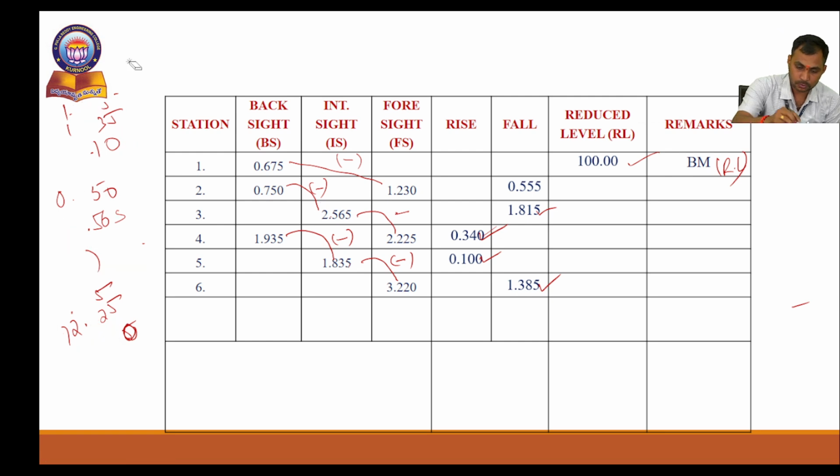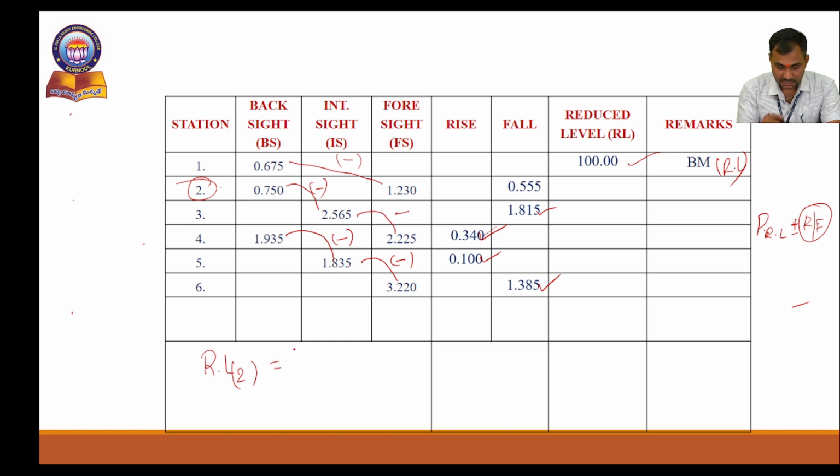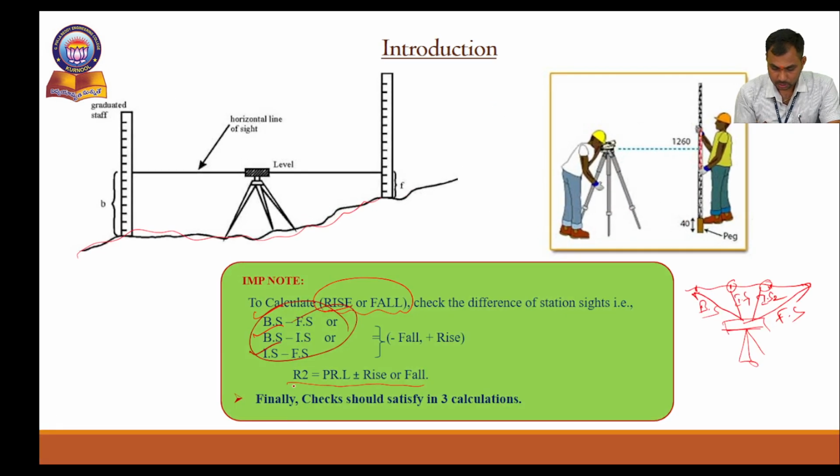Now I have to calculate the reduced level of 2. So previous reduced level plus or minus rise or fall value. Now I want the reduced level for 2. So what is the formula? You people can just check here. So reduced level is previous RL, nothing but reduced level of 1 plus or minus rise or fall value.